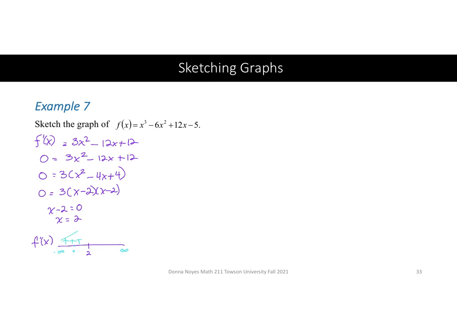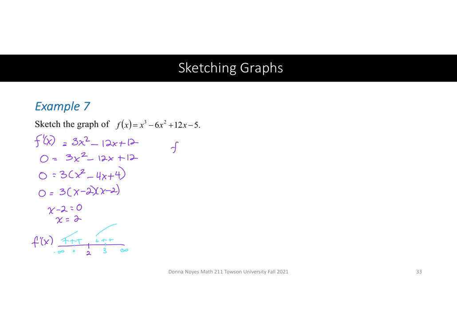If we test something bigger than 2, like say 3, we're going to get 3 times 3 squared is 27, minus 12 times 3 is 36. So we're at a negative, plus 12, that brings us back up though to a positive. So we have an interesting situation where our function is increasing on both sides of our critical point.